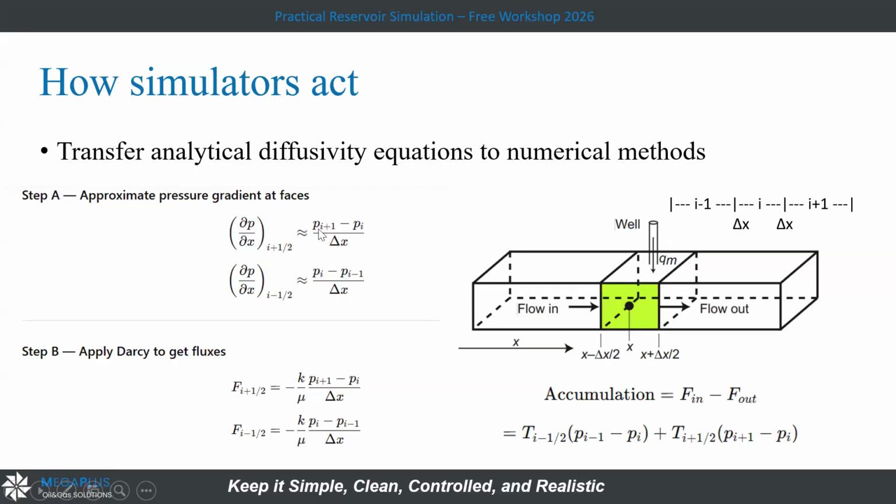The delta p will be p i plus 1 minus p i over delta x, and this part will be p i minus p i minus 1 over delta x. So it will convert the analytical to numerical in the form of i and j and k, which is x and y and z, and repeat all of these equations in each cell in each time step.